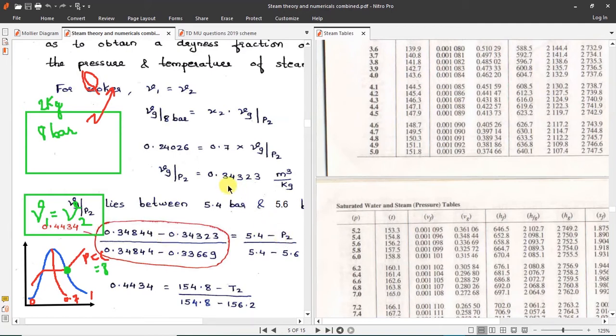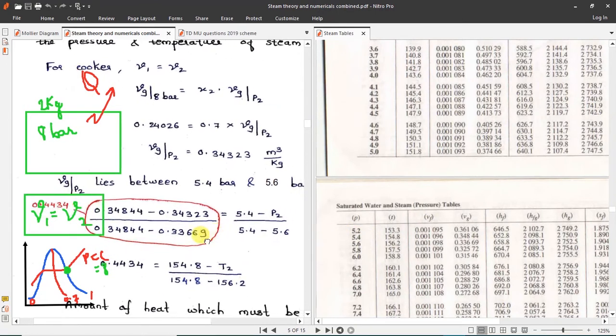corresponding to P2? Same value I have written over here, 0.34323, which we calculated, divided by, again 5.4 is there, so the corresponding Vg value is 0.34844, minus, for 5.6, what is Vg? 0.33669.